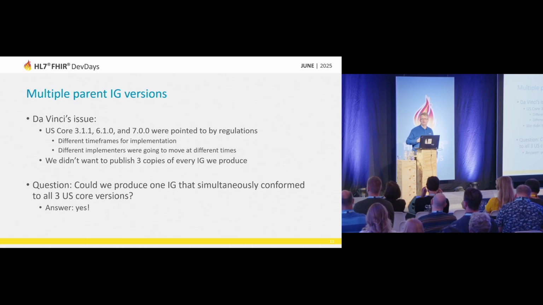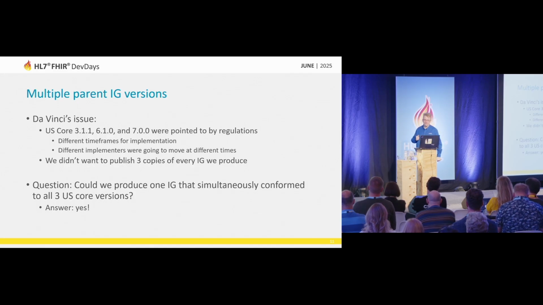And the problem we have in Da Vinci is payers have to do a ton of work to get our implementation guides live. And the prospect of, well, your guide's going to look like this right now, and then in a year it has to change, and then 2 years after that it has to change, did not go over well.